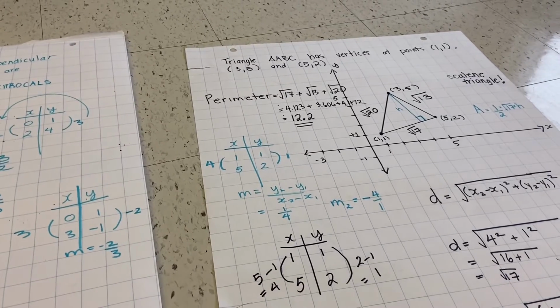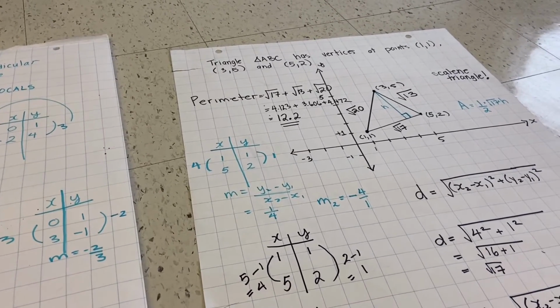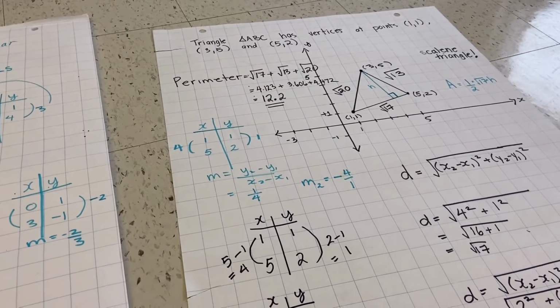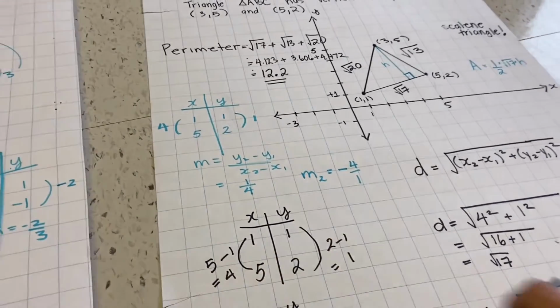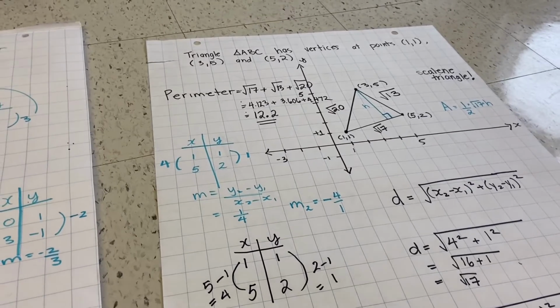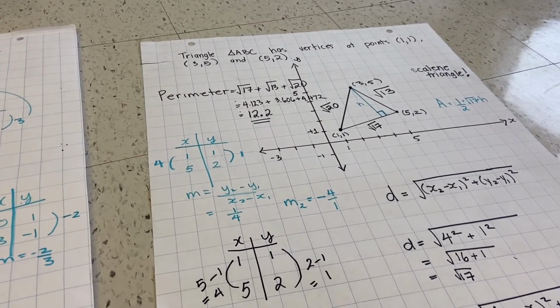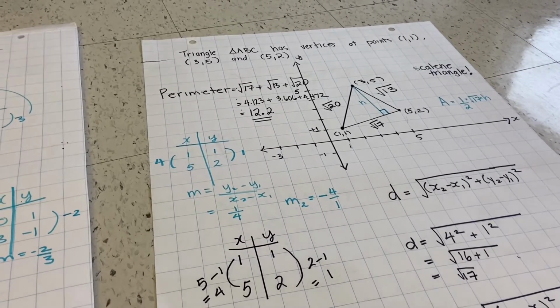Things are going to get a little bit more tricky because what we want to do is find the equation of that blue line now. We know that blue line has a slope of -4 over 1. What we want is the equation of that line.